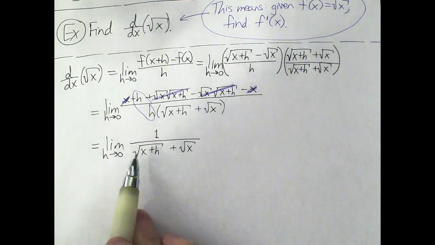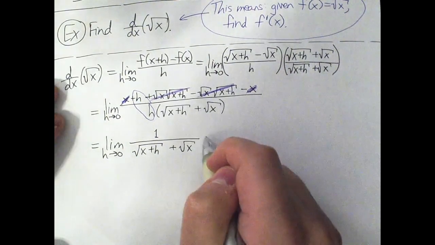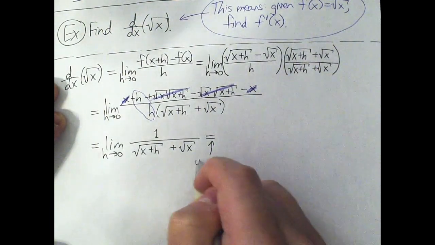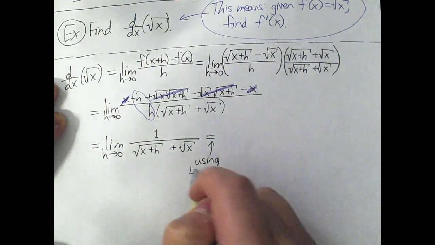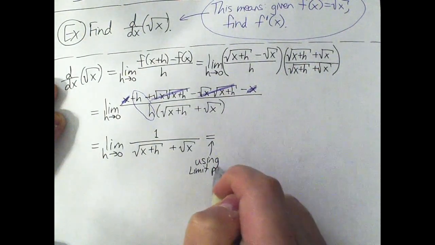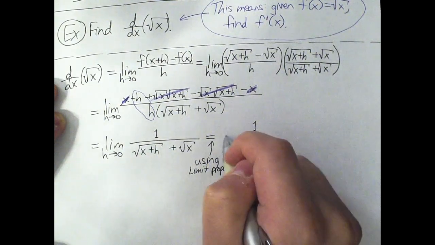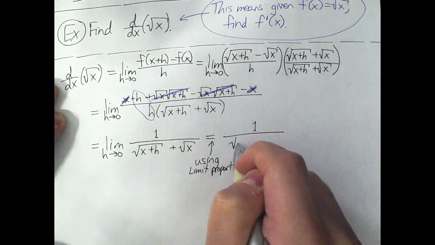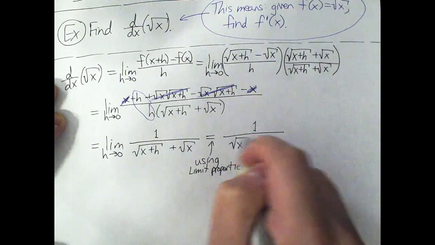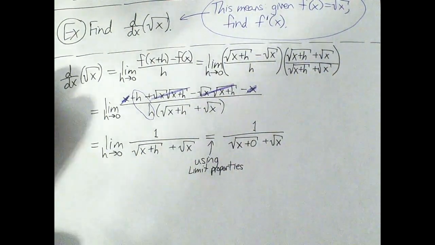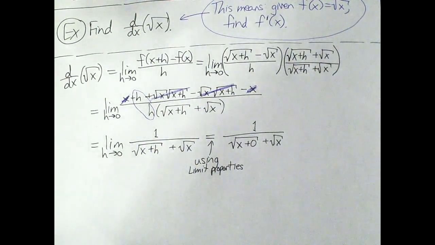Because once we get to here, I can kind of tell what's going to happen. Using limit properties, this is going to equal 1 up top, and the bottom is going to be x plus 0. That's what's going to happen to the limit as h goes to 0.